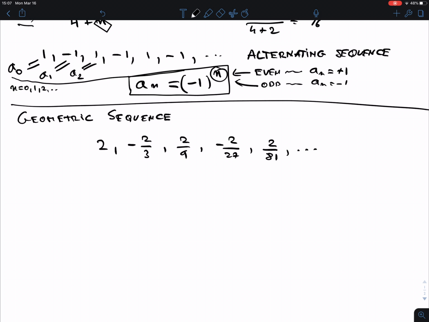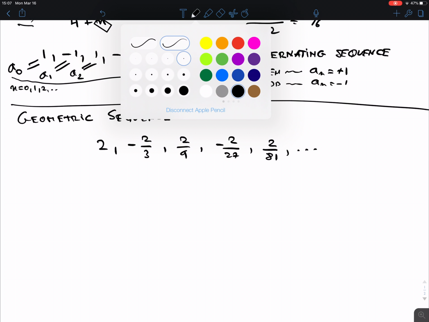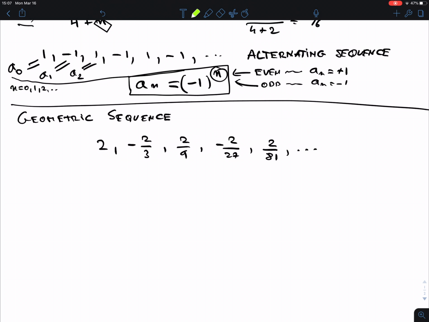What do you think is the next element? And when you answer this question, think about two things. Is it going to be positive or negative? And I'll tell you what the numerator is, right? That's going to be 2. So I'll do this in green. The next element is definitely going to be a 2 in the numerator. It seems that we have plus, minus, plus, minus, plus. So this one should be a minus.